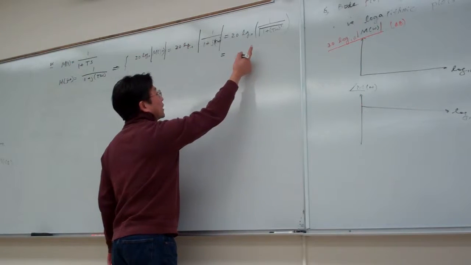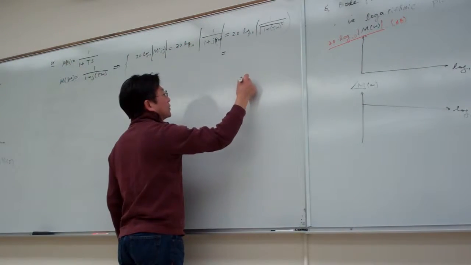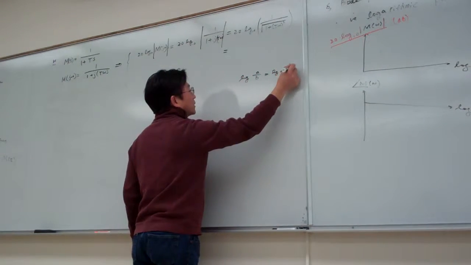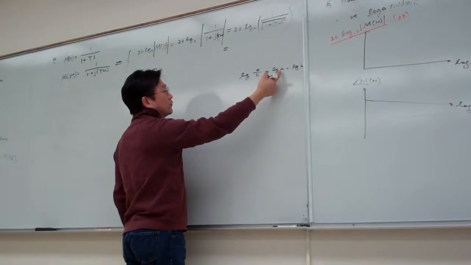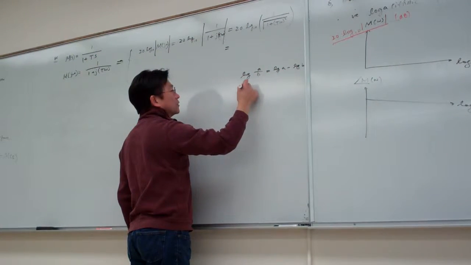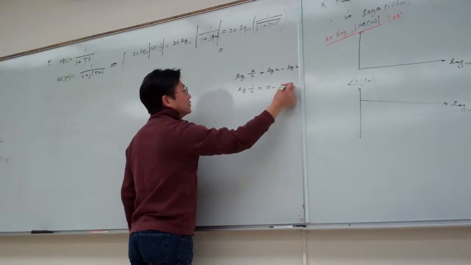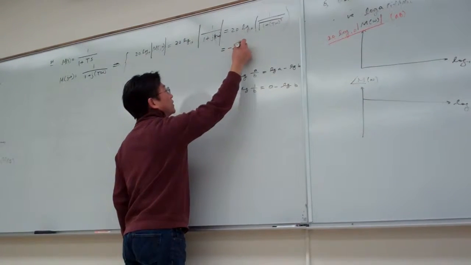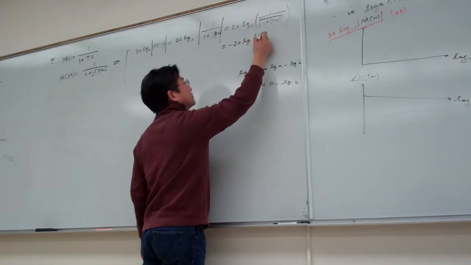So basically here, you know, log a over b is log a minus log b, right? And for this case, a equals 1, so that means log 1 over b equals 0 minus log b. So here we take this equation. So basically this is equal to minus 20 log of this.